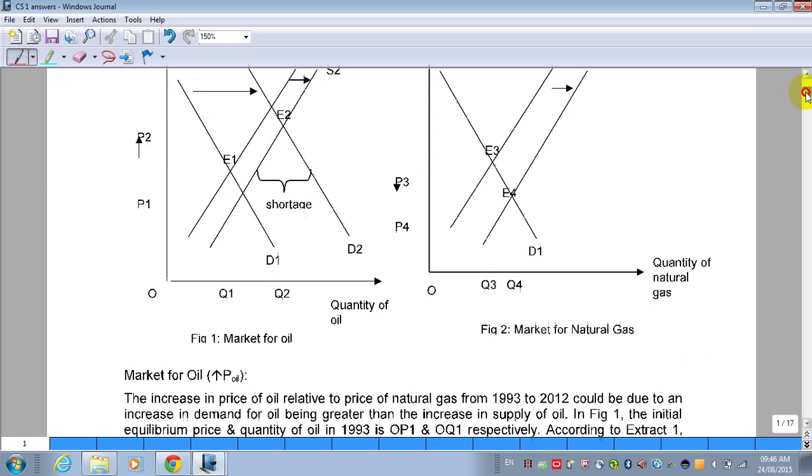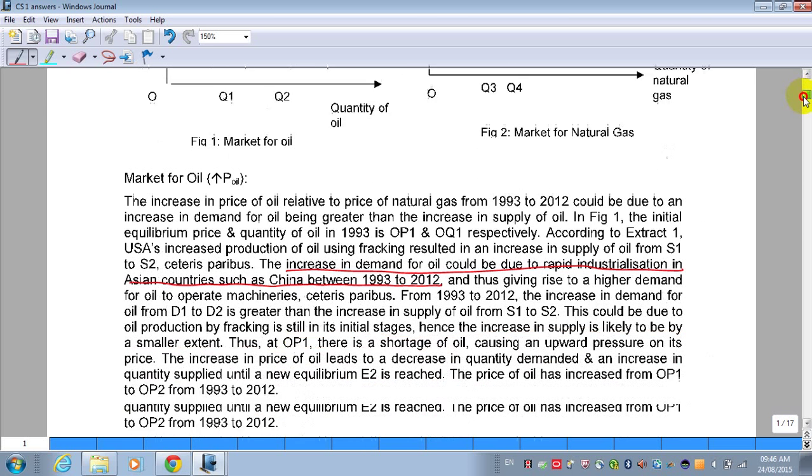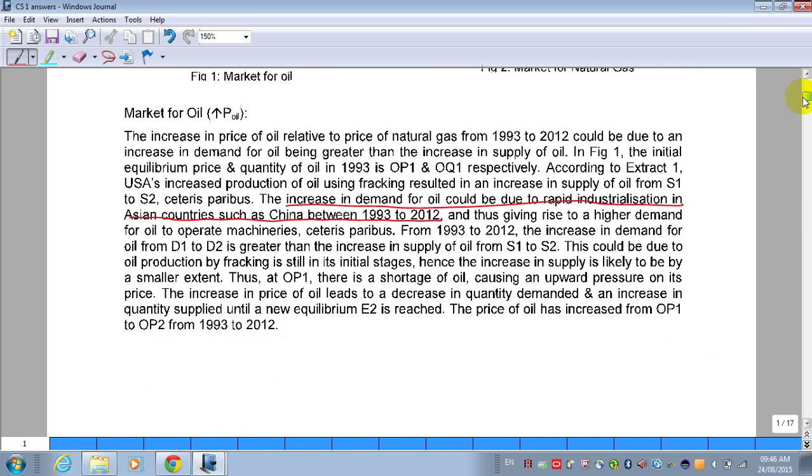So basically for oil the demand has increased, right? You can see here that the increase in demand for oil could be due to rapid industrialization. It is mentioned in the extract that there's industrialization in Asian countries like China. Therefore, the demand increases very significantly.